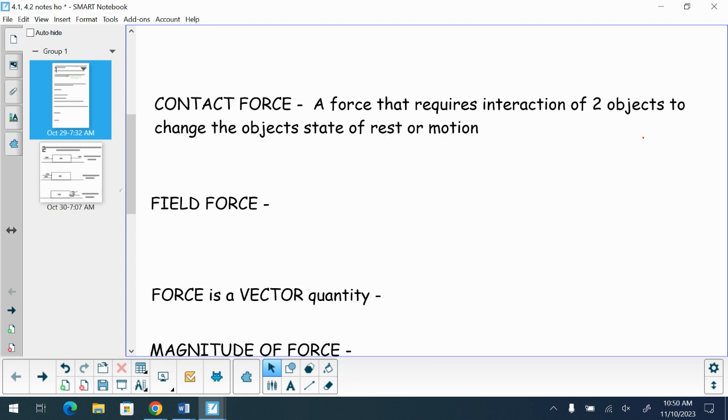You have some interaction. The two football players, there is interaction. There is a contact force that is occurring, that is forcing one object to move one way or another, or basically stand still. Me dragging leaves back, there is a contact force there.